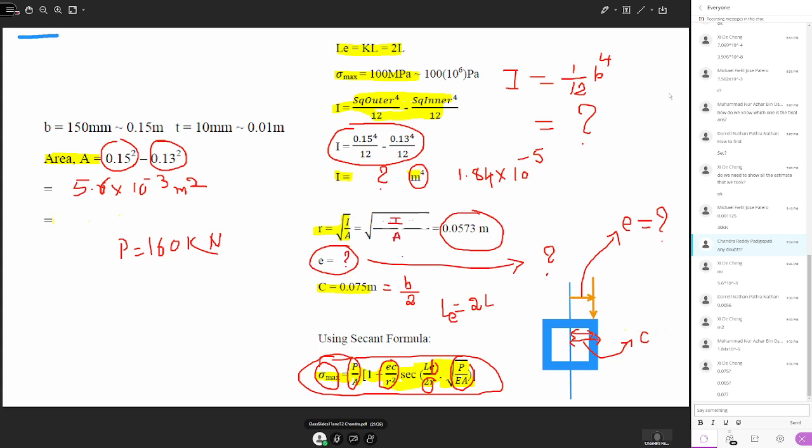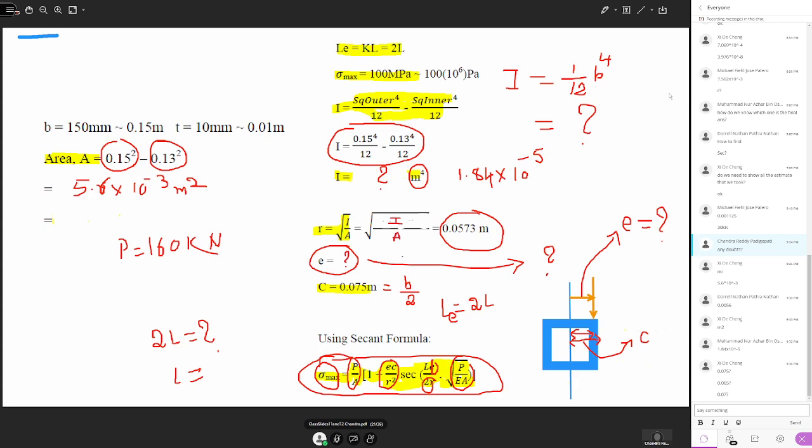Since you know everything, you will be able to estimate 2L, and from there you can calculate the length L. This is for designing the column, so this will be the longest permissible length of the column. Is that clear, guys?